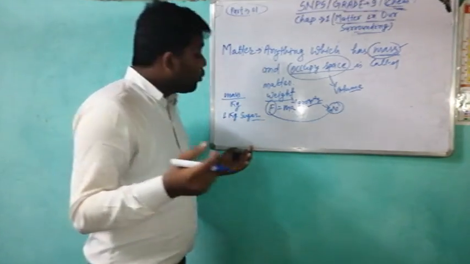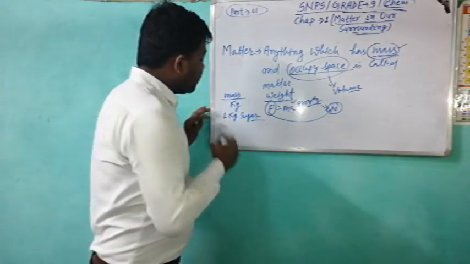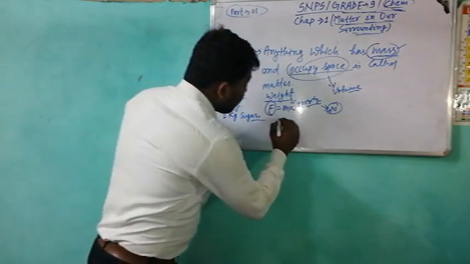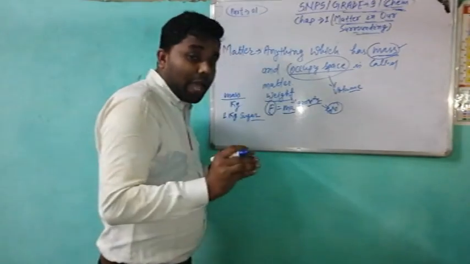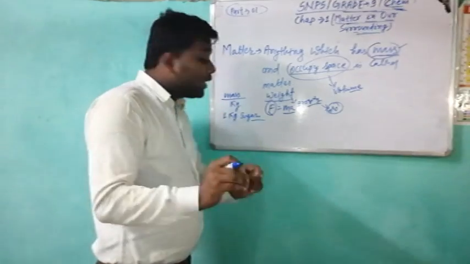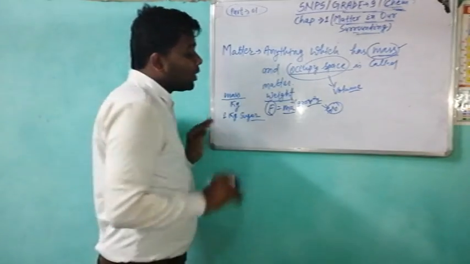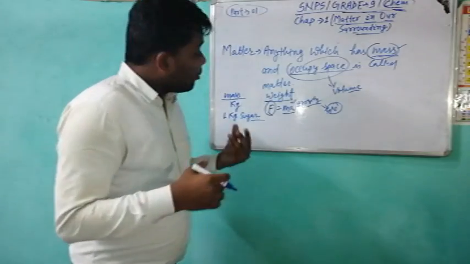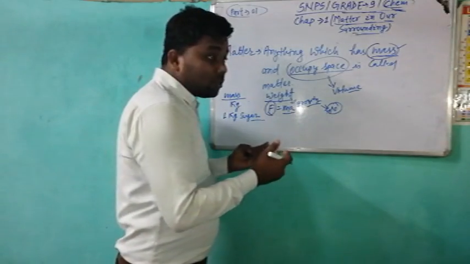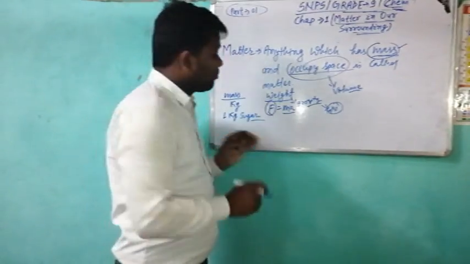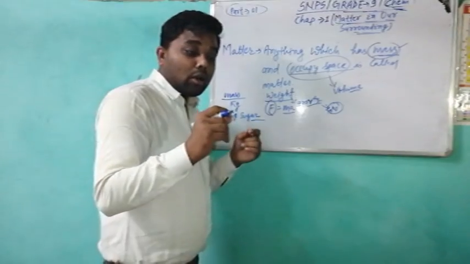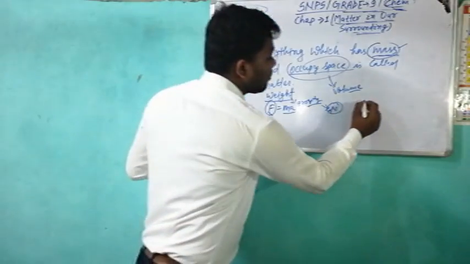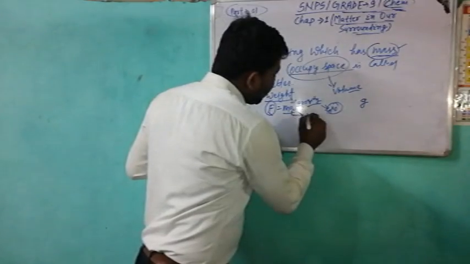We can work it out using F is equal to m into a. When we calculate the weight of any substance, we have to understand acceleration due to gravity, g.